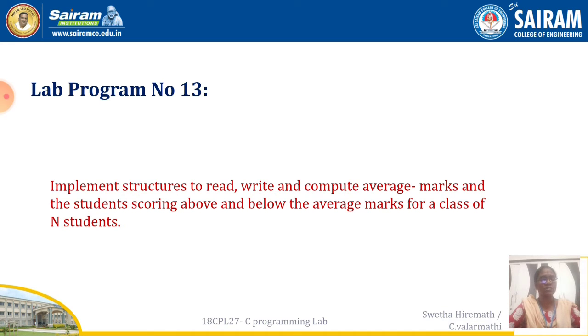The same concept we are going to apply here to students' data. What data do we consider for a student? A student has a roll number and a name, then marks in a particular semester or test, then the average, and the grade he got, either A grade or B grade or whatever it is.